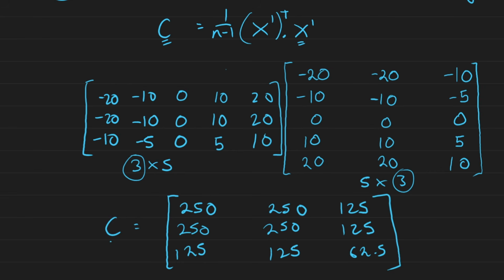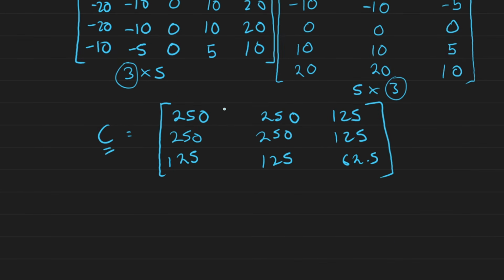So this is what the covariance matrix is equal to. 250 is the variance of the height, 250 is also the variance of the weight, and 62.5 is the variance of the age. The remaining entries are the covariances between the different variables.